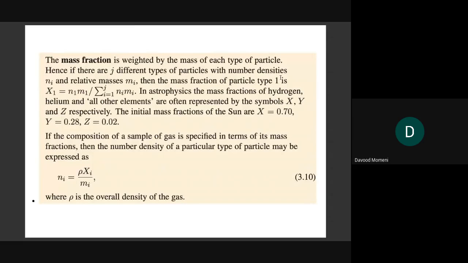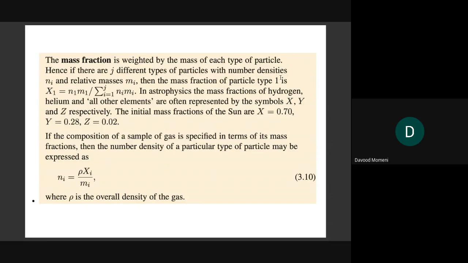The mass fraction is the mass of each type of particles. So if you have j different types of particles and each one has a number density Ni and mass Mi, then the mass fraction of each particle can be defined as, for example, for particle number 1, N1 M1 over the sum of Ni Mi.